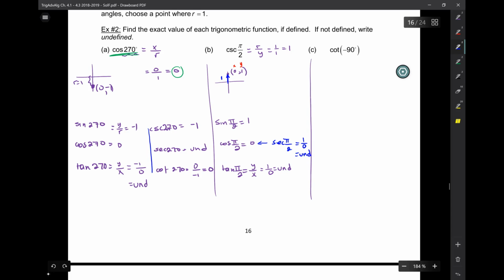All right, so let's talk about negative 90 degrees. Where is negative 90 degrees? Top, down, left, right? The bottom, here. What coordinate point are we going to use for that one? 0, negative 1. So tell me then how much the cotangent is at that point.